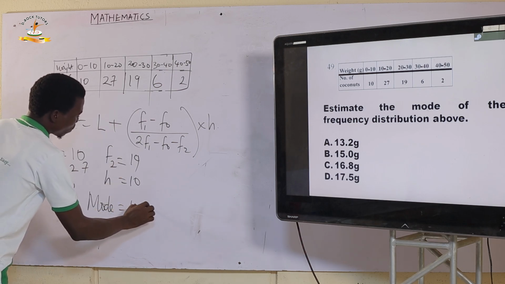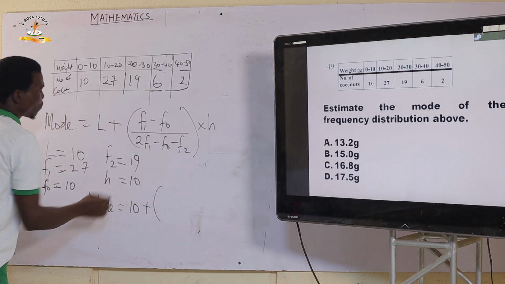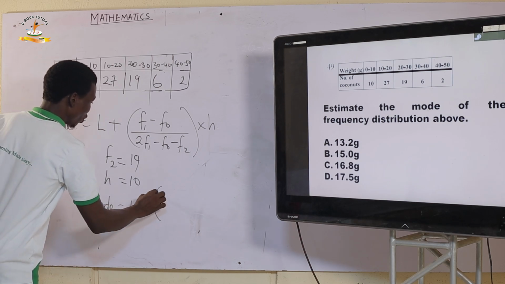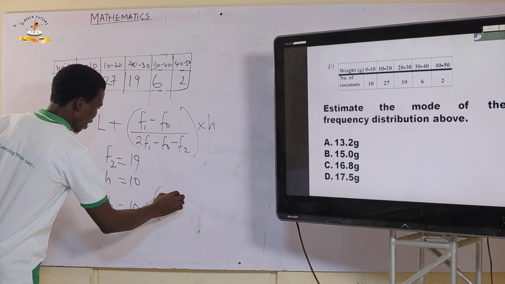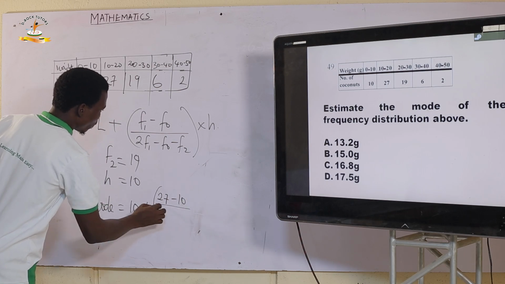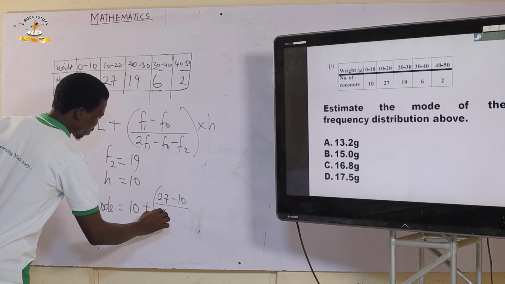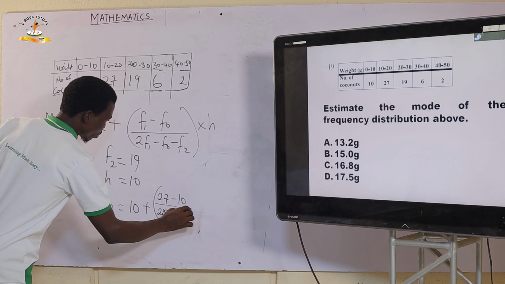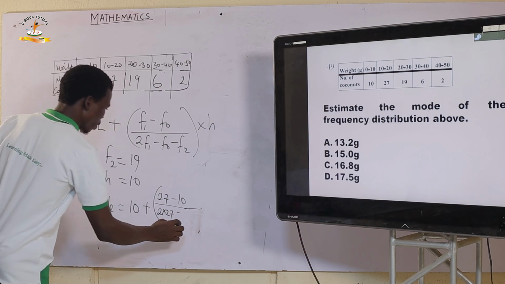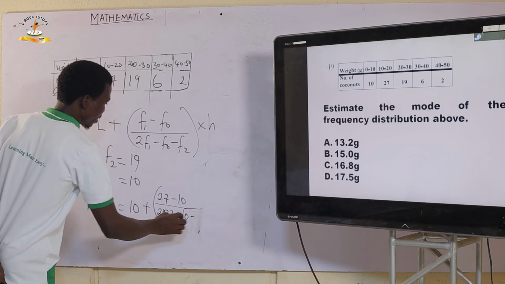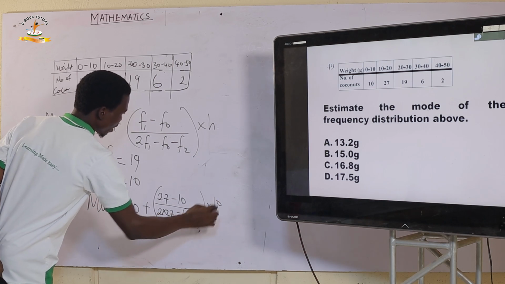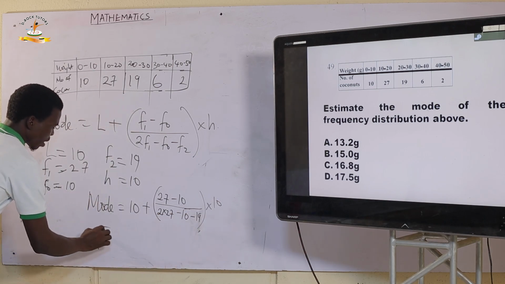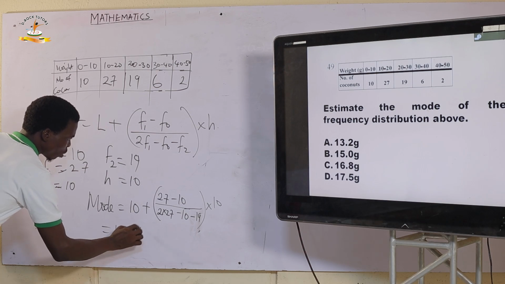which is 10 plus open bracket F1, which is 27 minus F0, which is 10, all over 2 times F1, that's 2 times 27 minus F0, 10, minus F2, 19, all multiplied by 10. And with this, we're going to have 10 plus open bracket.